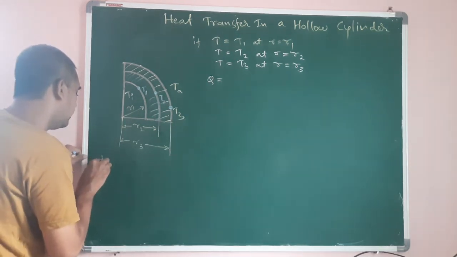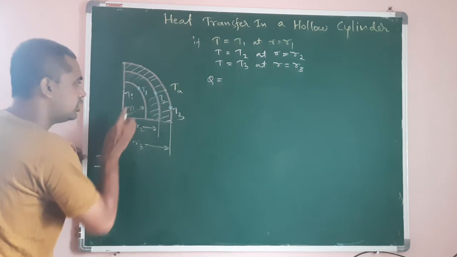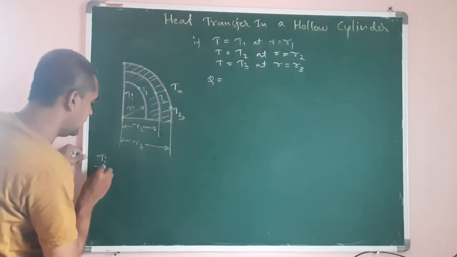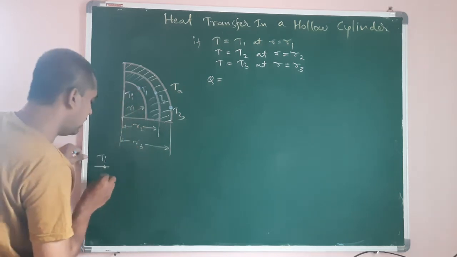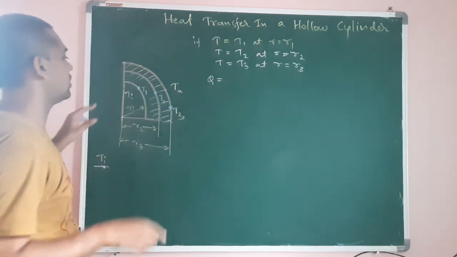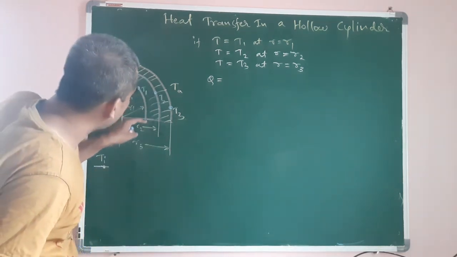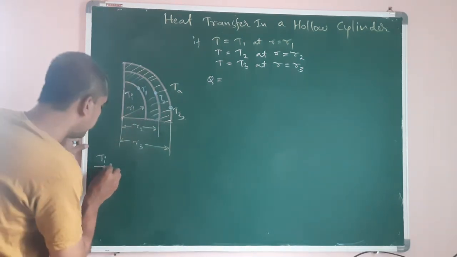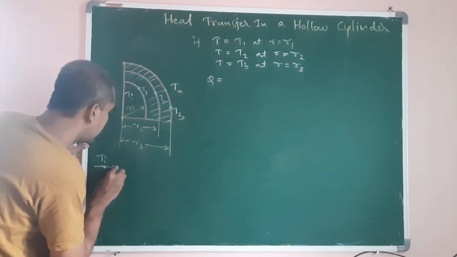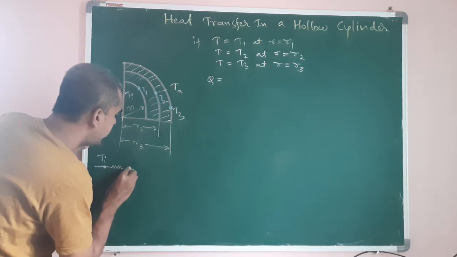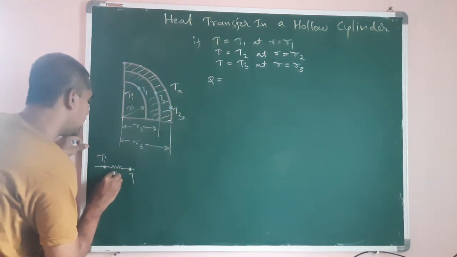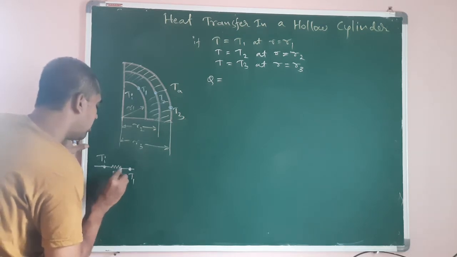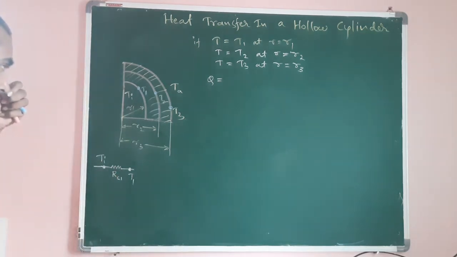If Ti is the temperature of the hot gases inside the cylinder, there is convection heat transfer from Ti to T1, which means that due to convection the surface temperature will be lower. Therefore there is a convection thermal resistance between Ti and T1, which I will call RC1.